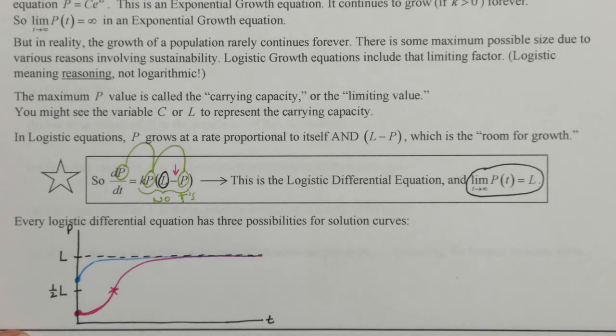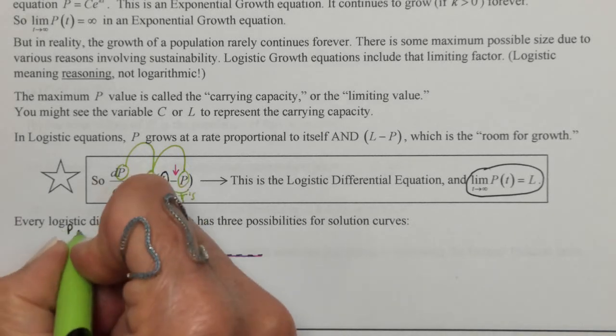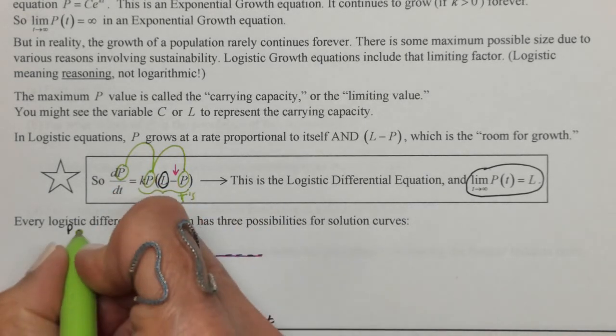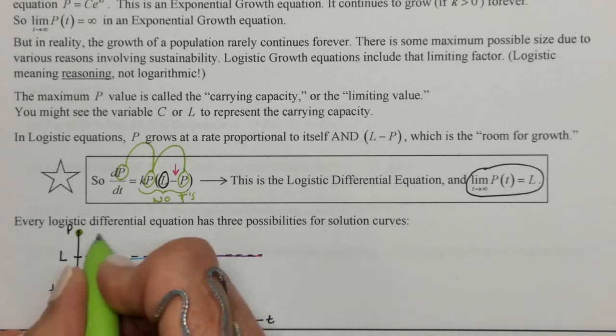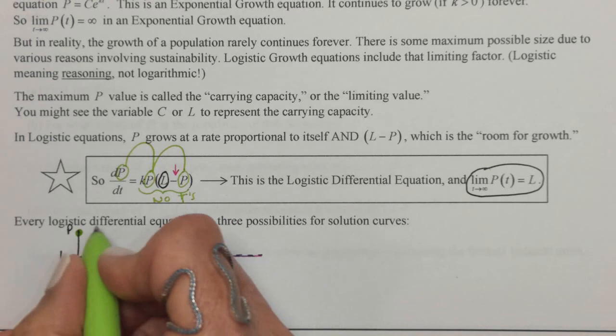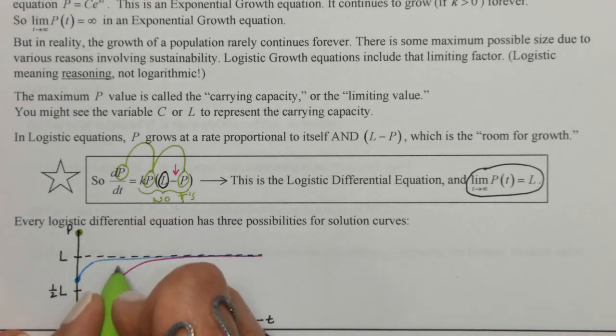That's all we have. The third possibility of a solution curve is if the initial population is above this L value. If it starts above the L value, we want our end behavior to be this L, this horizontal asymptote. There is no change in concavity.